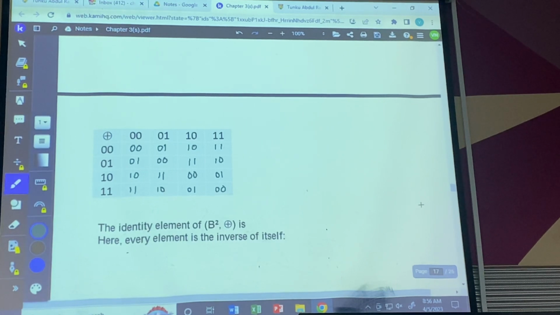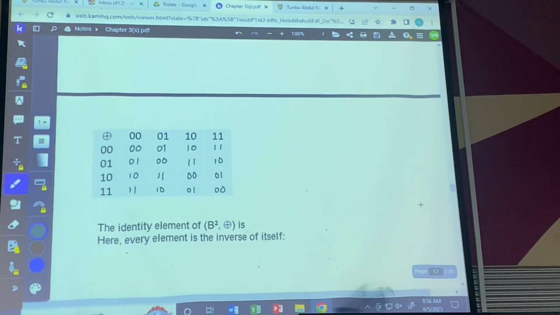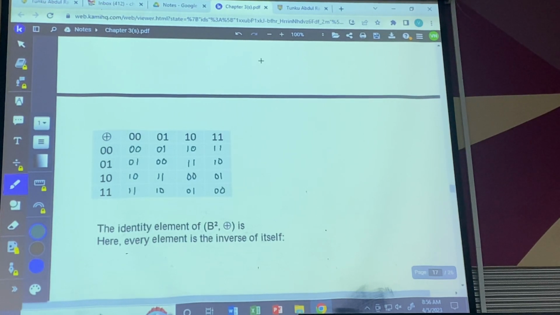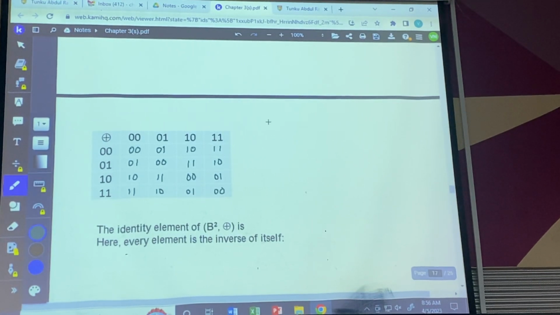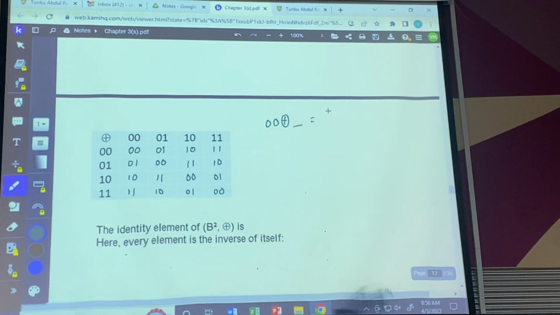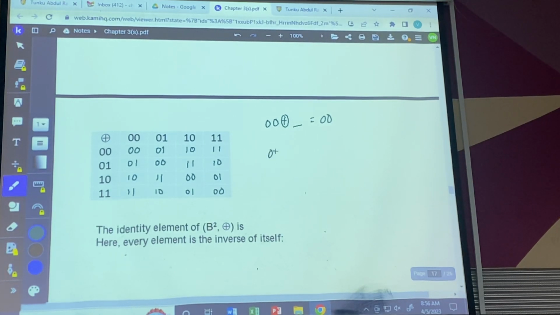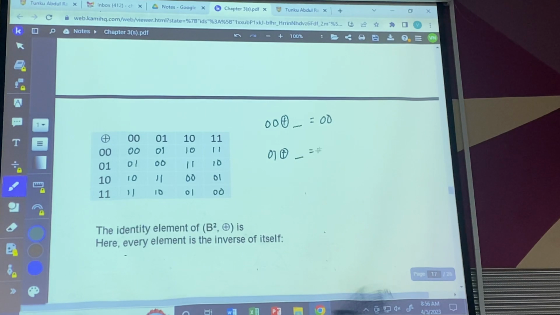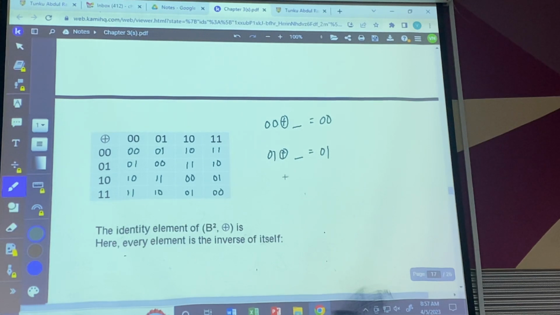Just now for 1 bit only, the identity is 0, right? Now for 2 bits, the identity is? If you want to determine it one by one, you can do so. Just take the element 00, exclusive OR the identity, you get back 00. Then if you take the second element 01, exclusive OR the identity, you get back 01. Third one, 10, exclusive OR the identity, get back 10.